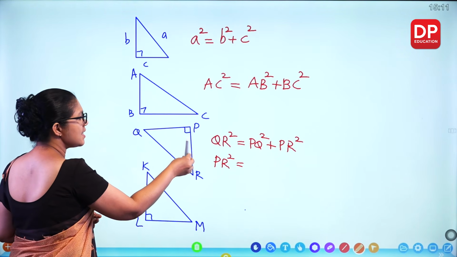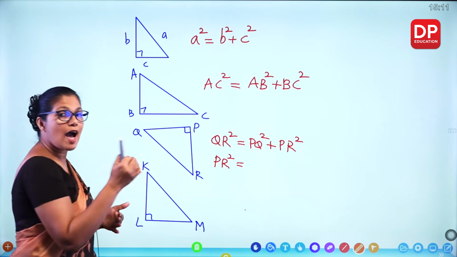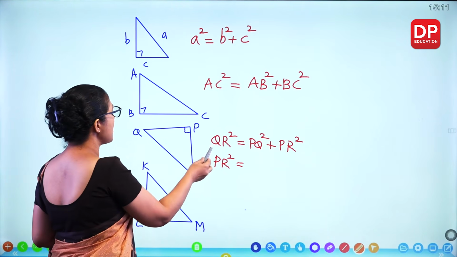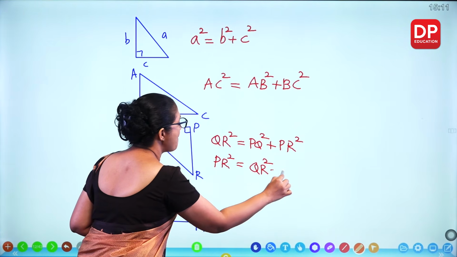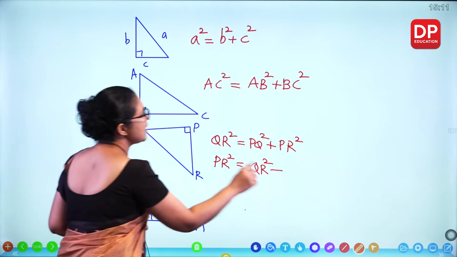PR squared is QR squared minus PQ squared. So always hypotenuse squared is first and then you can subtract the other side.